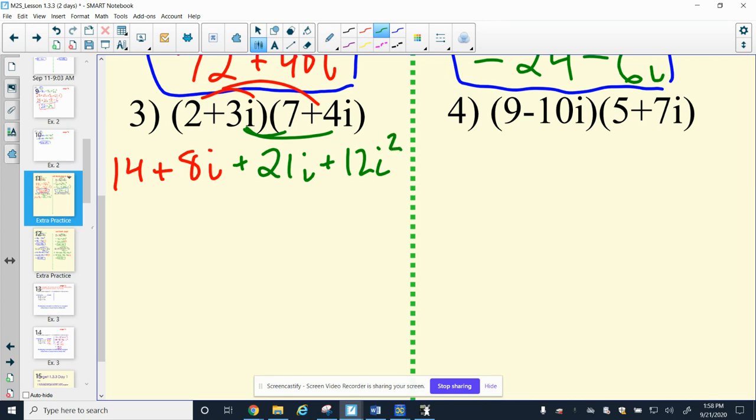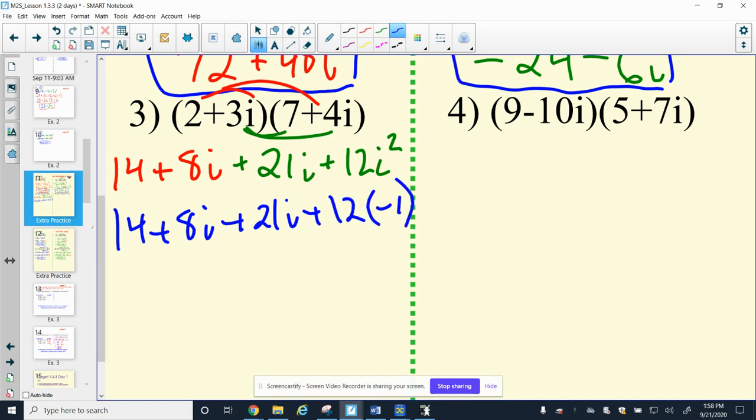Okay, now we've got a bunch of simplifying to do. So I'm going to rewrite the i squared. Okay, so we have 14 plus 8i plus 21i plus 12 times negative 1. You know 12 times negative 1 is minus 12.